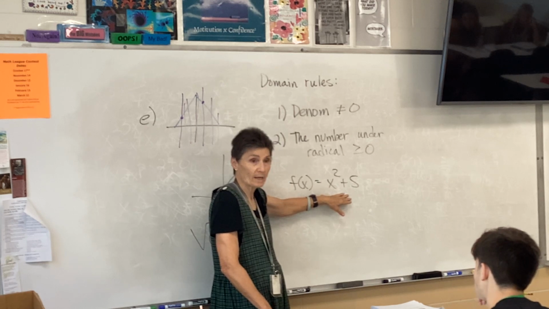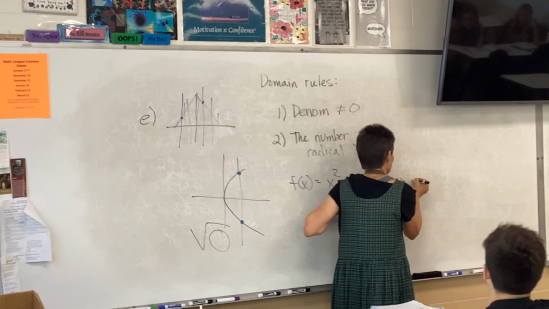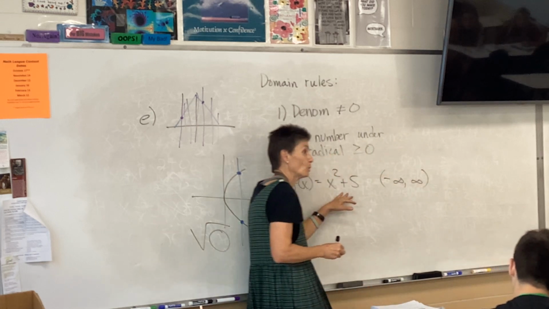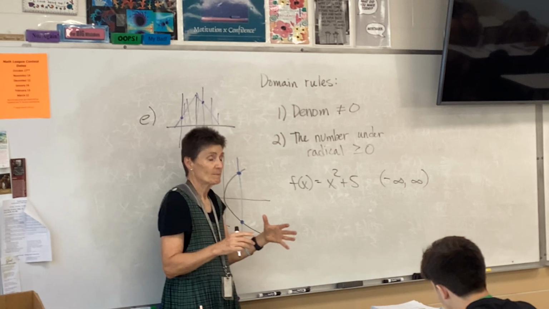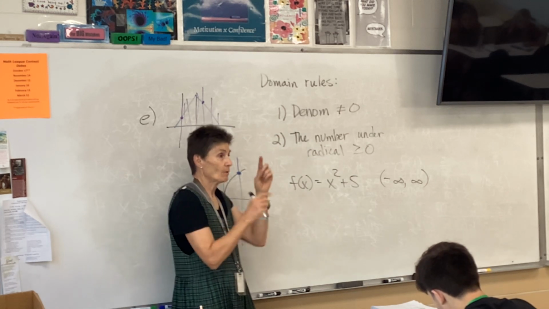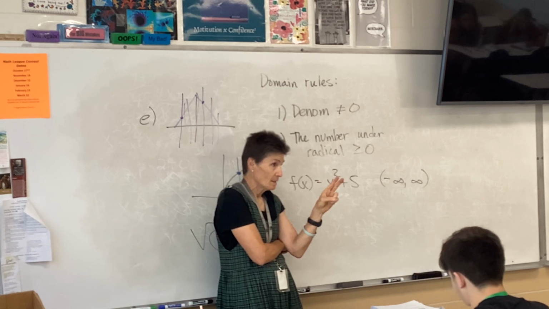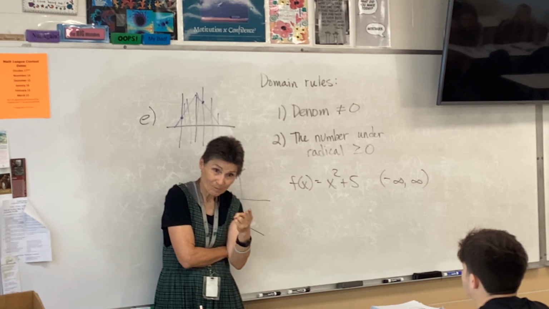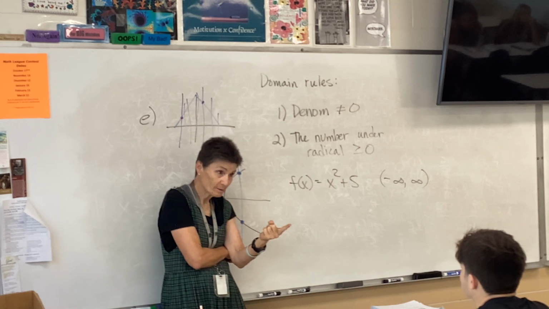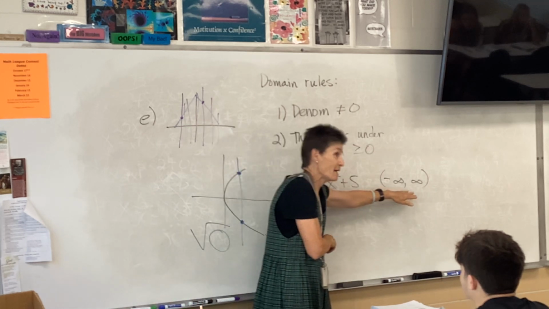No. So guess what? Your domain is negative infinity to infinity. In other words, all real numbers. There are only 2 ways that you're going to screw up your domain: if you have a fraction and if you have a radical. If you don't have a fraction and you don't have a radical, then you don't have an issue and the domain is everything.